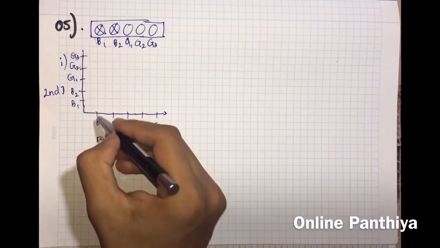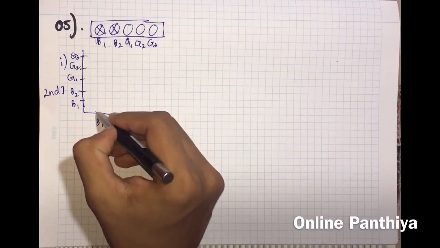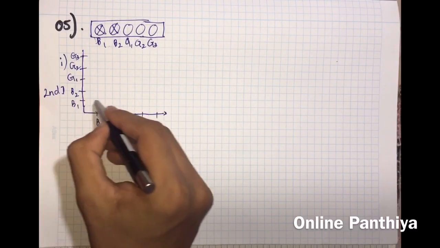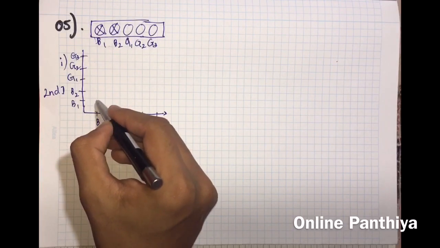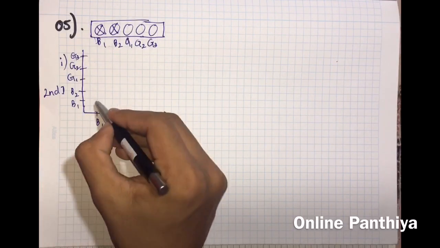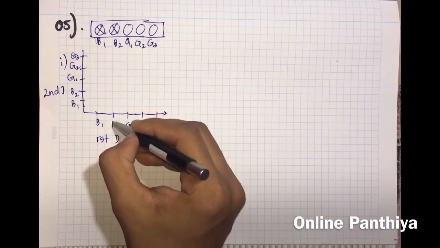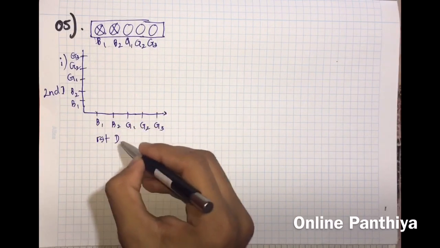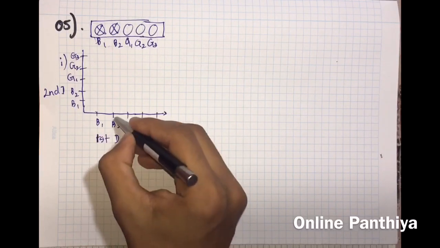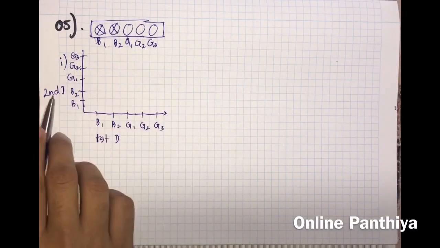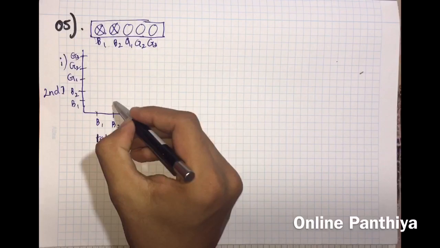Observe. In the first attempt, if you get a B1, in the second attempt will you get the same B1? No, right? Therefore you cannot mark anything here. Now look at B2. Say you got B2 in the first row. Let me mark this point.